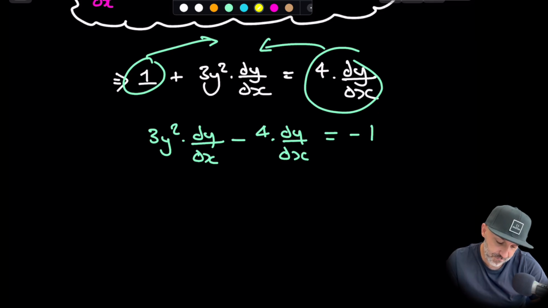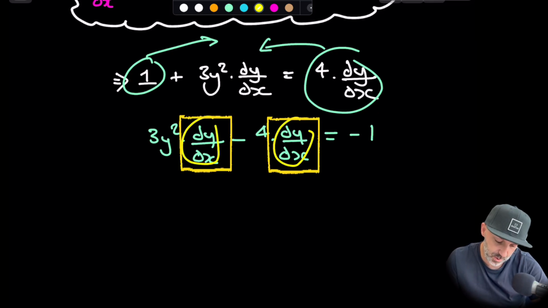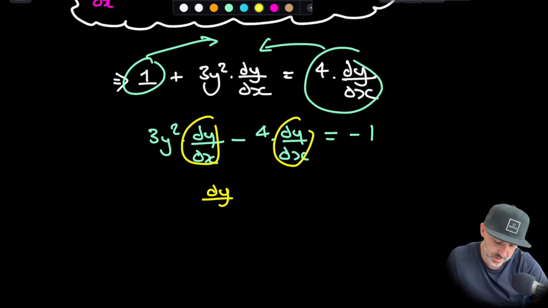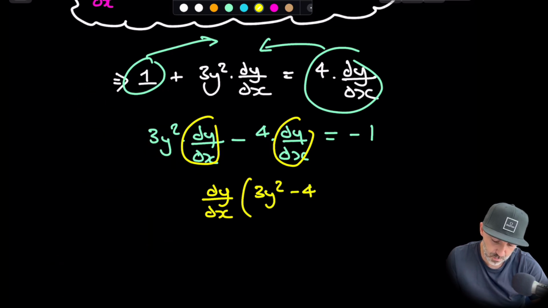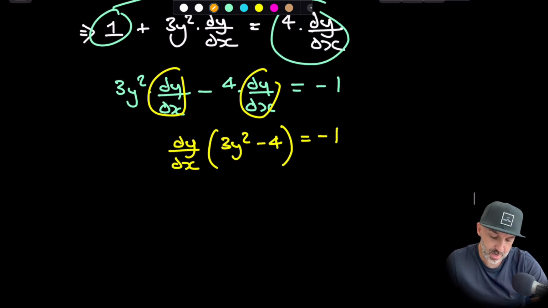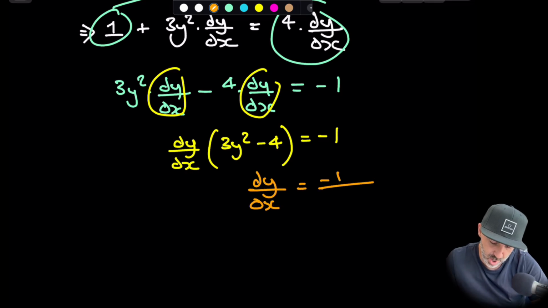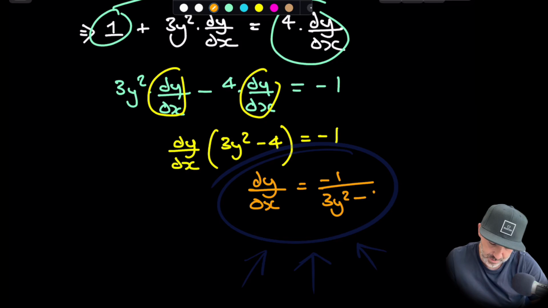Now I'm going to take out a factor of dy by dx on both these expressions. So dy by dx, open brackets, 3y squared minus 4, close brackets, is equal to minus 1. You can just simply divide both sides by 3y squared minus 4 now. So dy by dx is equal to negative 1 over 3y squared minus 4.